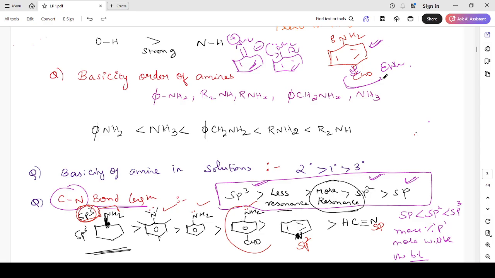Even aldehyde is there, so it is acting like a very super magnet. Even though the lone pair is definitely going to come to benzene only, because of this aldehyde it is pulling this lone pair still more close to it. Won't that make the bond length still more shorter? Yes, ma'am.